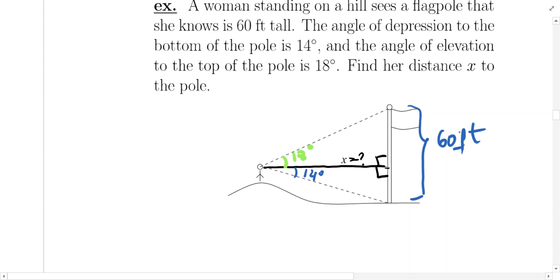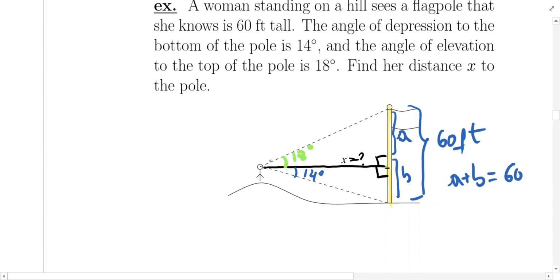Yes, the fact that this side right here plus this side right here add up to 60 feet. So let's call this one A and this one B. So I know that A plus B is 60, right?